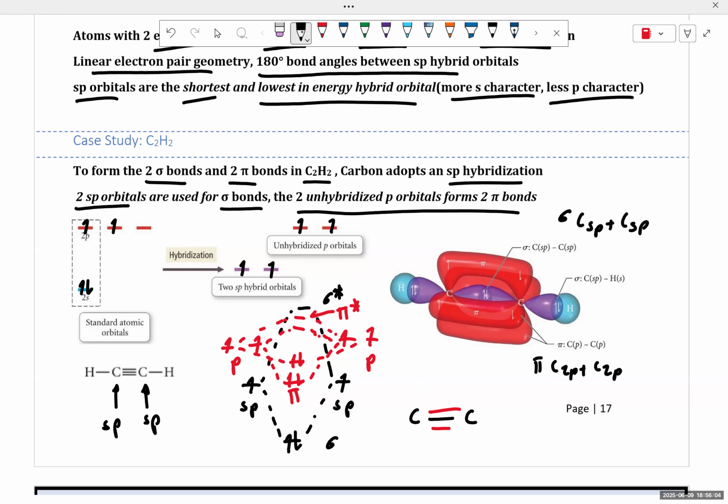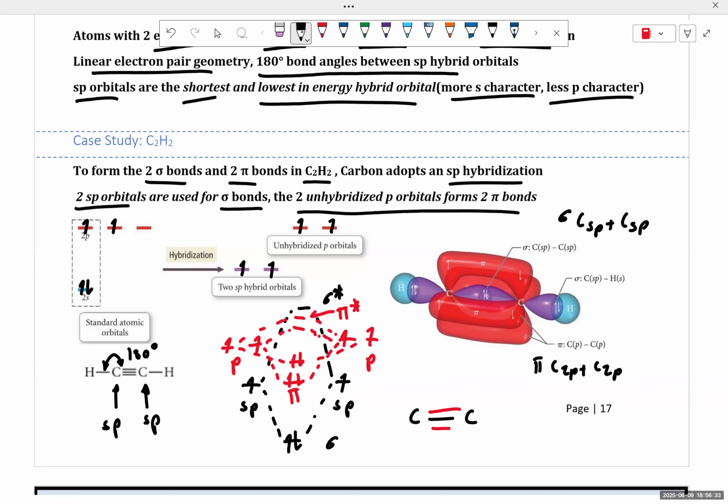Importantly, because these carbons are sp hybridized, we have a bond angle of 180 degrees. The reason why it's very important to get a sense of what orbitals are overlapping to form a specific bond is that it impacts the bond length, the bond strength, and how that bond is going to behave in certain chemical reactions.